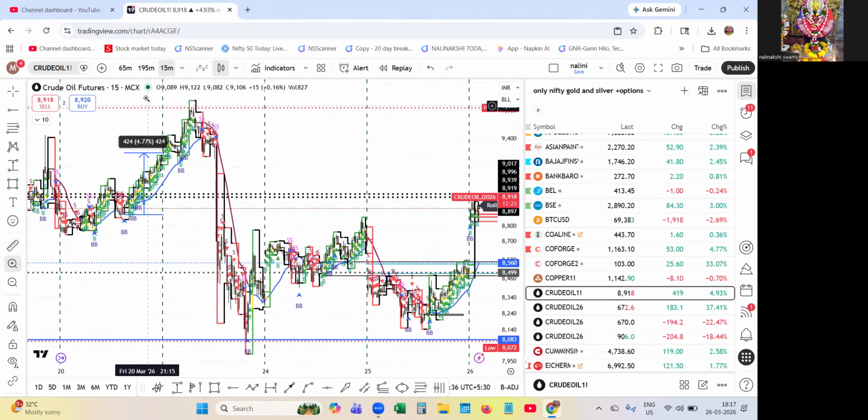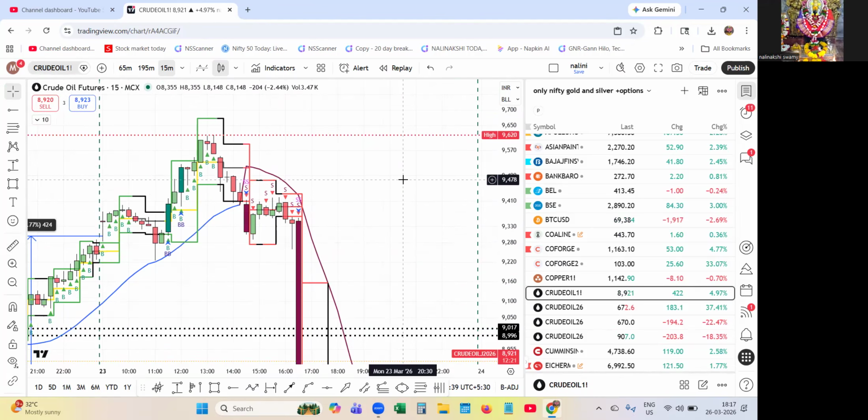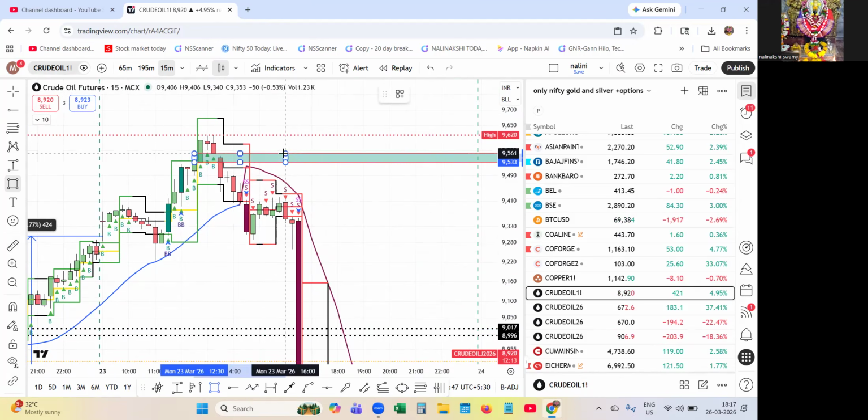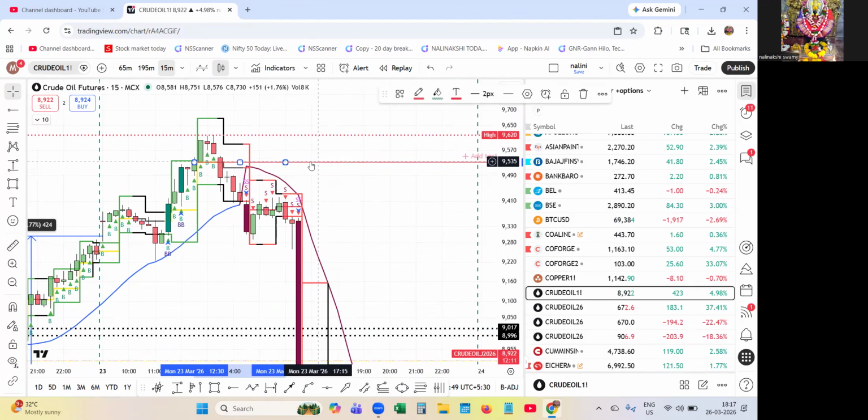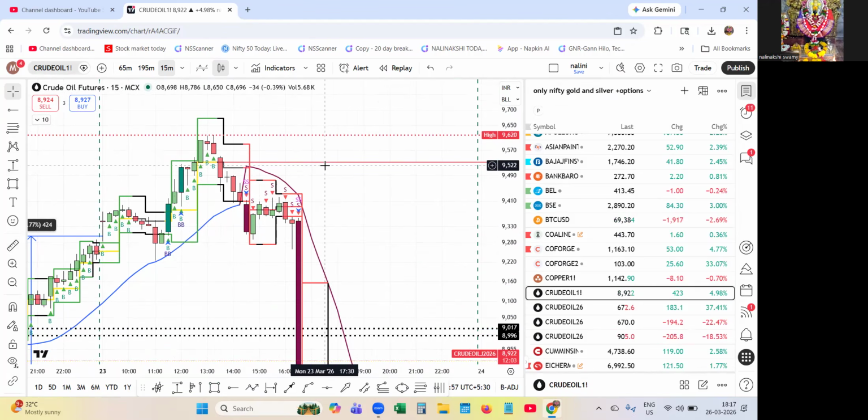Because it has made a high, we can pick up from the 15 minutes. This was the high, so let me mark this box because this was the peak high. I'm taking the pivot on the 15 minutes itself, and this pivot is green only.